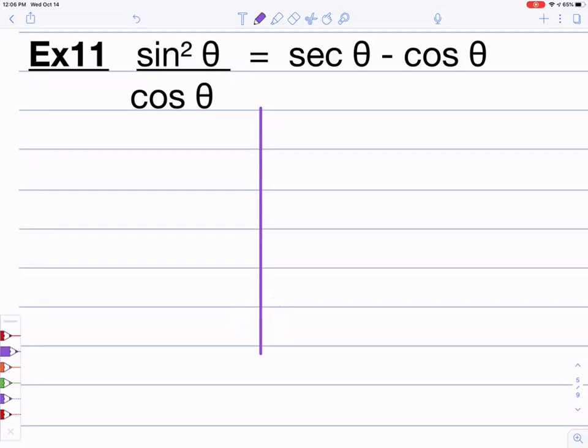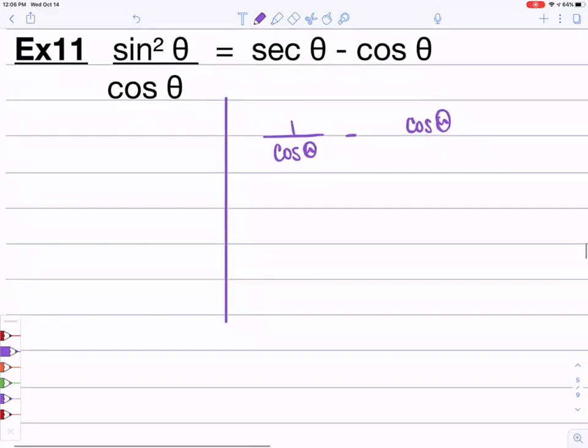So what do you get for the first one? Okay. What kind of math do you do to be able to subtract those?